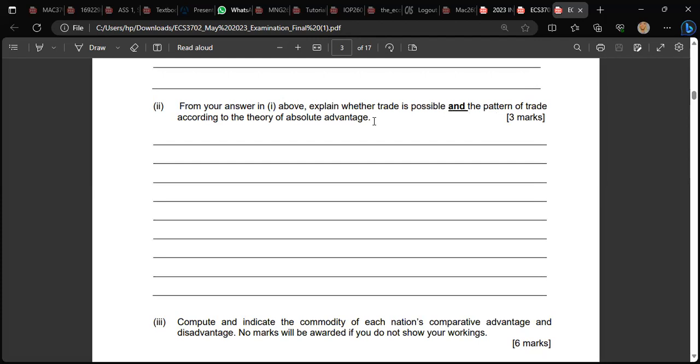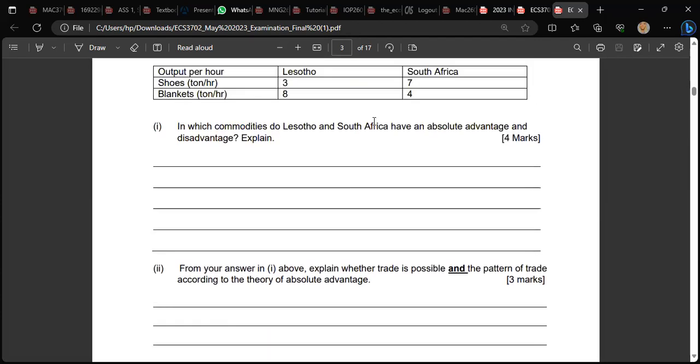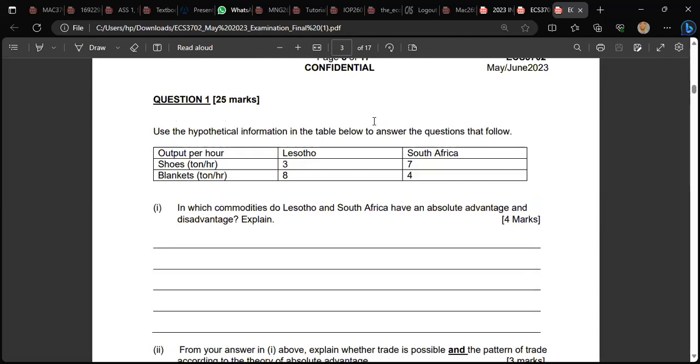So just to give you a background on this theory, I think we discussed it last week, when we were doing a revision on the assignment. This in particular was by Adam Smith, which came in response to mercantilism. We'll also talk about it as we go on. So Adam Smith came up with this whole theory of absolute advantage.